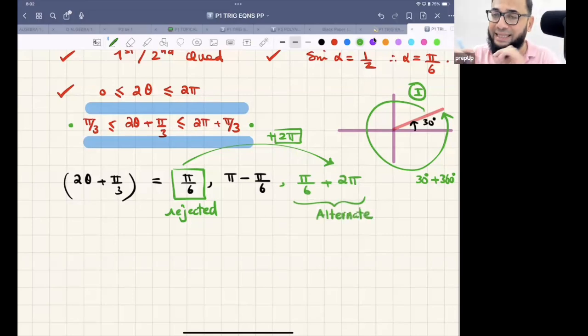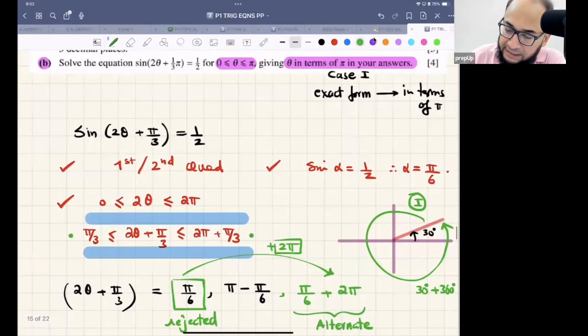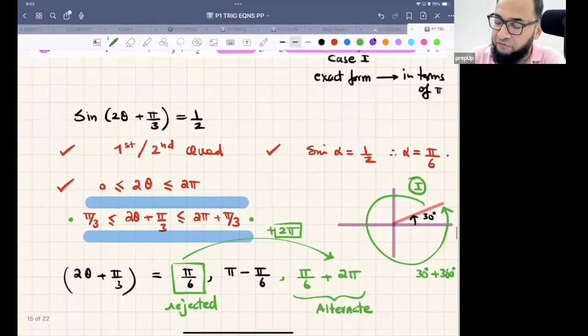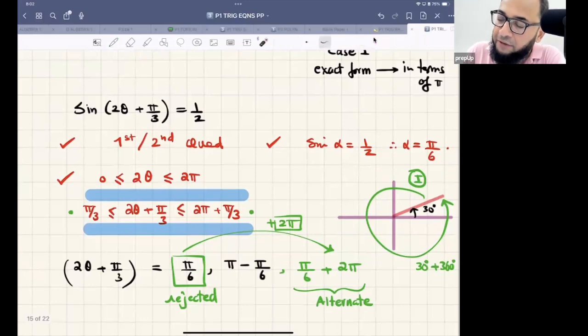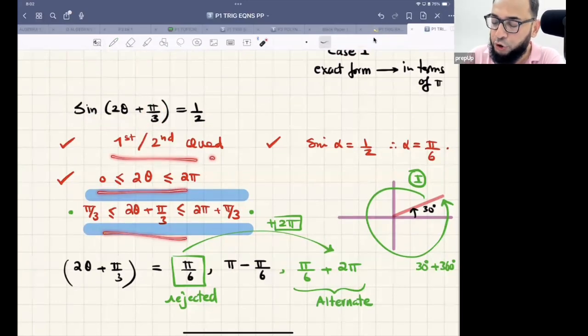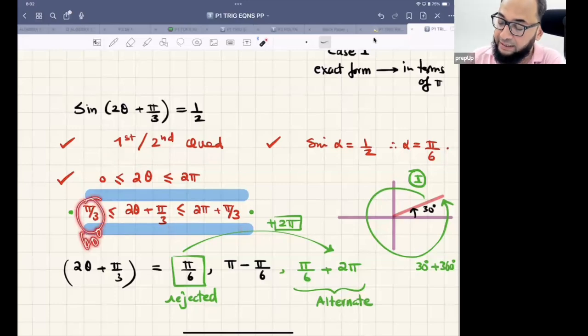Now I know that this takes some time for you to digest, because you have not seen anything like this before. So let's apply all the time that we have over here. The working was sine of 2 theta plus pi by 3 is half. You wrote about the quadrants, you modified the range, you doubled it, you add pi by 3 to both sides. Now it's starting from 60 degrees.